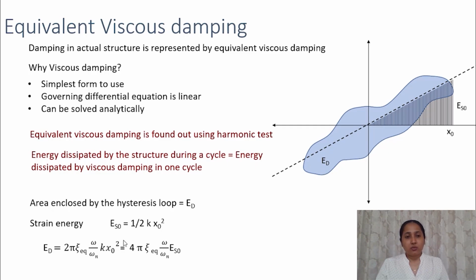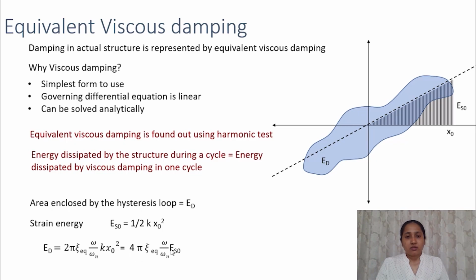So we can equate this energy dissipated to the expression which we have derived earlier, and we can find the zeta equivalent, that is the viscous damping ratio equivalent to this amount of energy dissipated. This energy dissipated would be due to many different energy dissipation mechanisms, but we can represent it equivalently by using a viscous damping system.